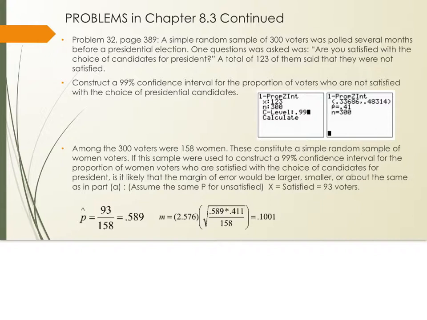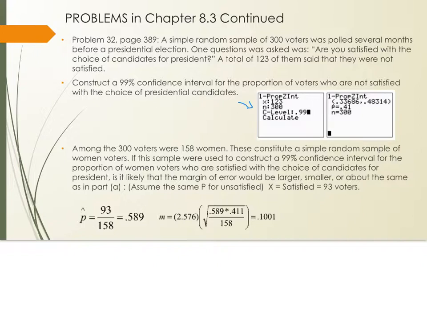Well, if we were doing this by the calculator, we of course would enter in stats, then test, and come over to one proportion z interval. We would enter 123 for x, and n is 300. Our C level is 0.99.